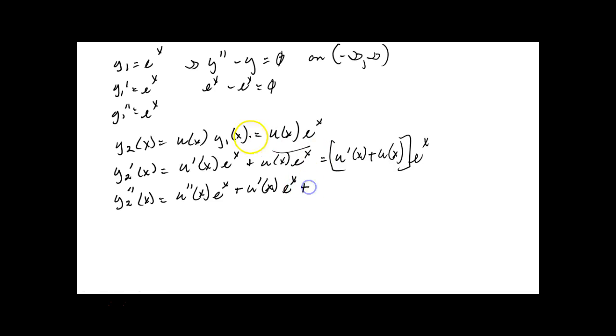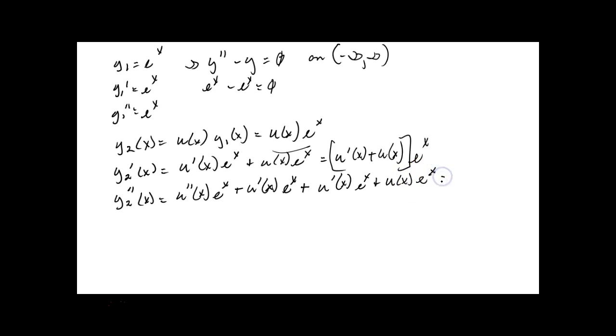That covers the first one. Plus, now the product rule here would be u prime of x e to the x plus u of x e to the x.